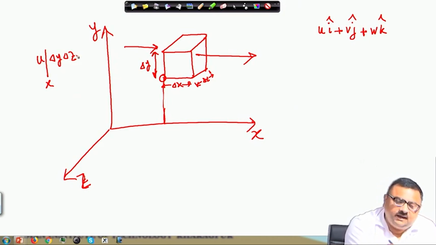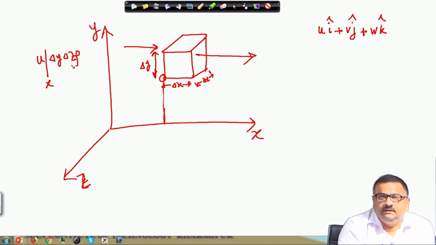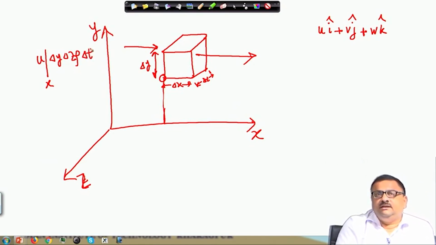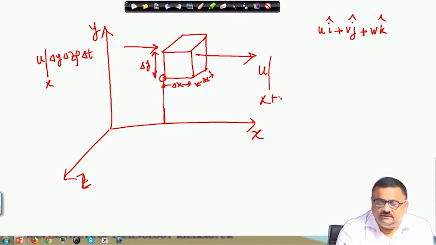If we multiply this by rho, meter cube per second into kg per meter cube gives kg per second, and if I multiply over duration delta t, it becomes kg per second into second. So that many kg of mass is going into this system from this face. Similarly, what is leaving from this side is u at x plus delta x, delta y delta z, rho delta t.